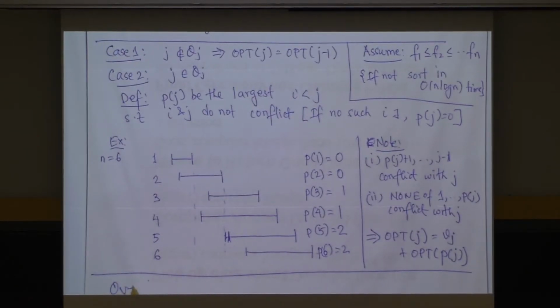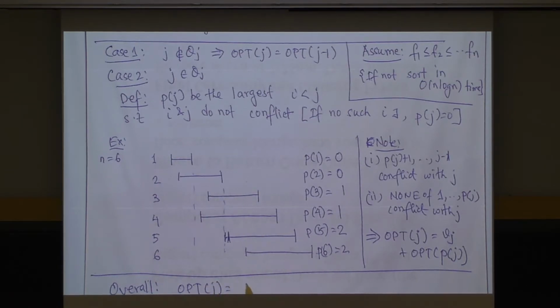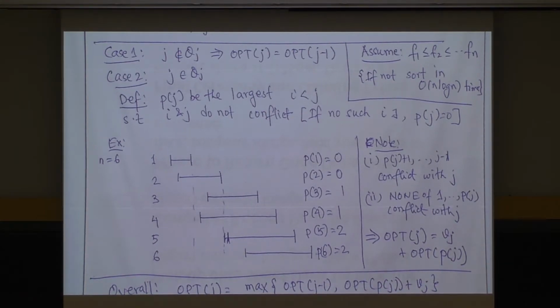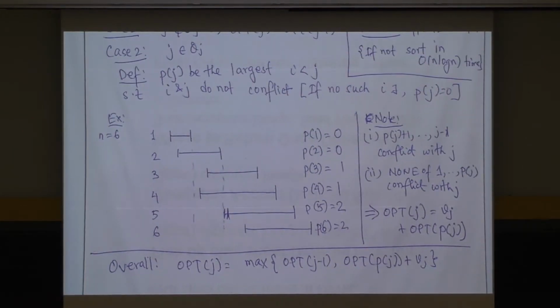And so then overall, opt of j is the best of the 2 cases. In one case, we get opt of j minus 1. And in the other case, we get opt of P of j plus v of j. And now note that we have a true recurrence. You can keep on applying this, and you will get opt of j defined in terms of smaller and smaller subproblems.